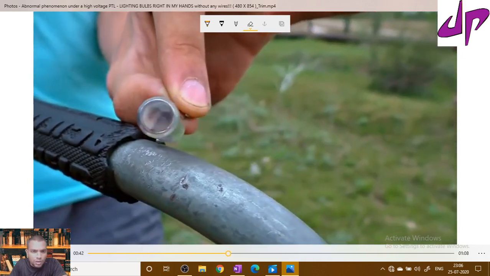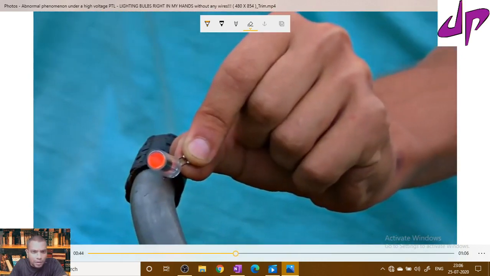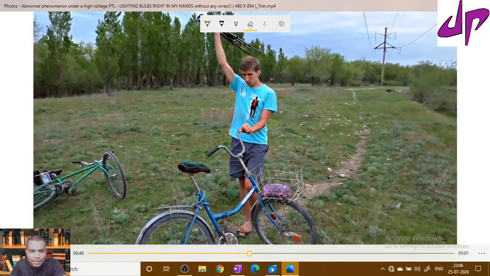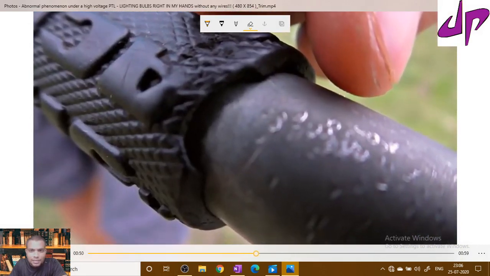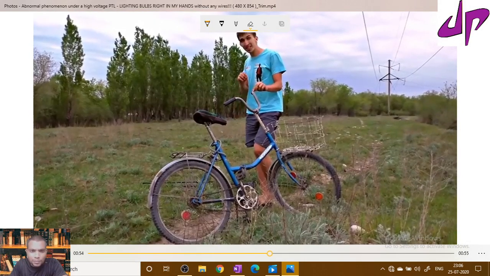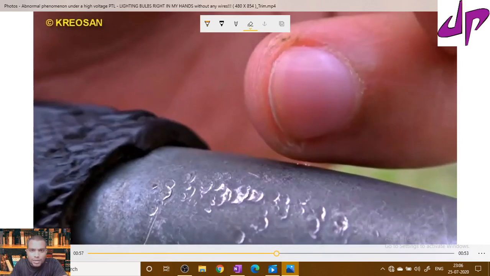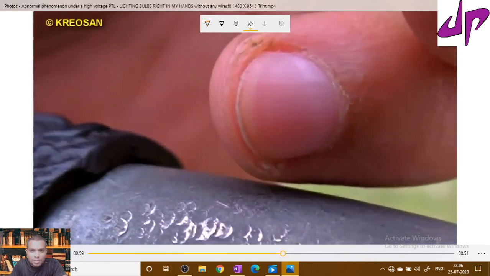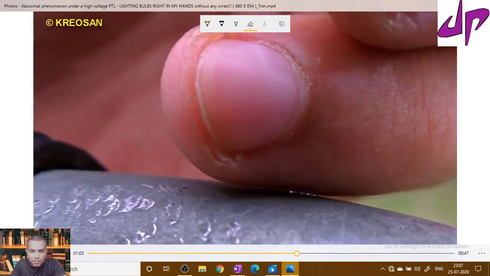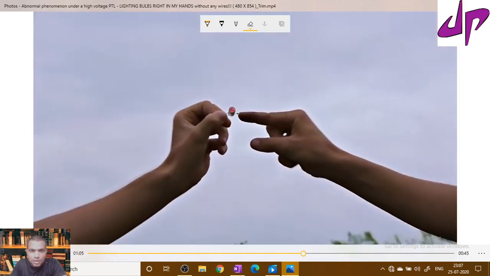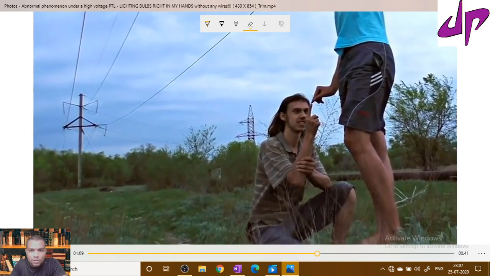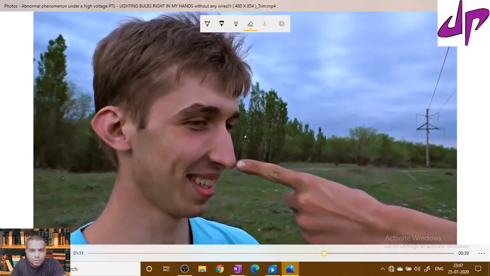Here you can observe the metal rod, the bike handle, also carrying it, and sparks are jumping. Let us understand what causes these. Where is the source charge, or where is the source first of all? These are all related to the same concept we are going to talk about.